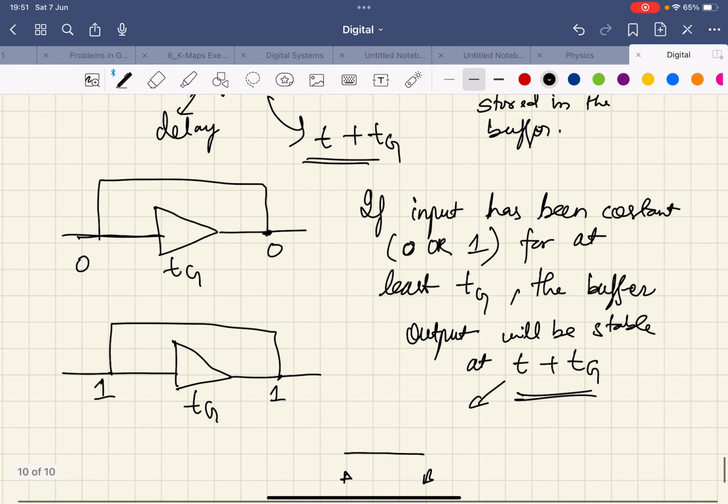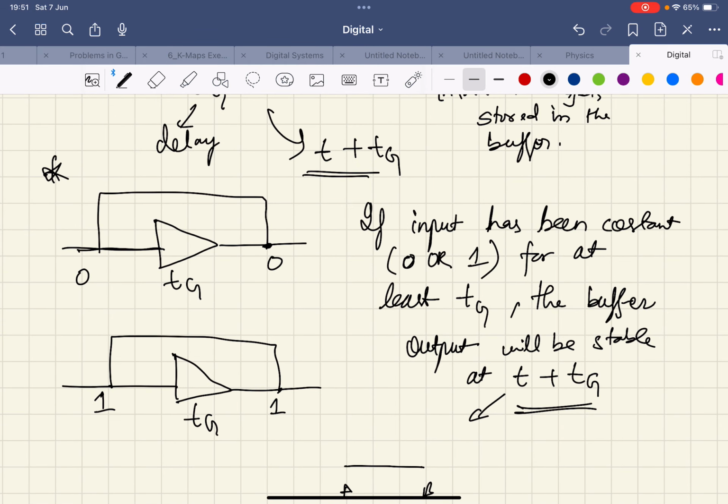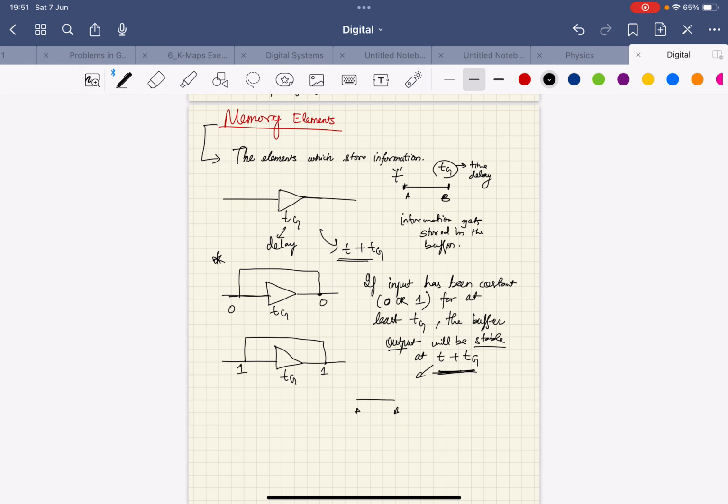But I am saying, if we apply some feedback and we give some input 0 or 1, this is a digital system, so we give digits as input, 0 or 1. So what will happen? It doesn't matter, the output will stay stable with the time delay. The output doesn't change.